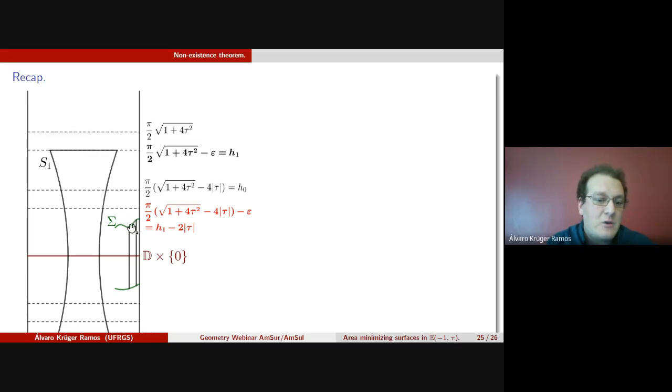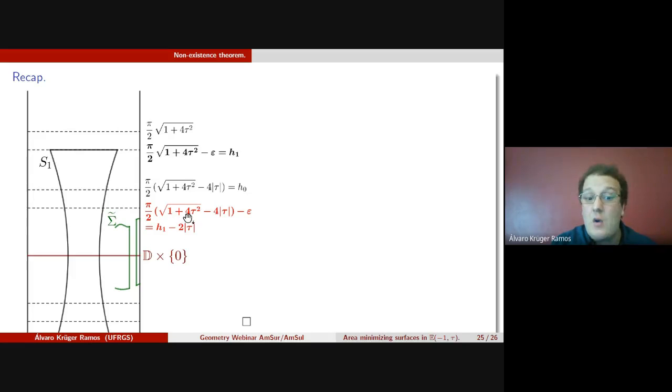And the thing is, you can exchange a portion of this surface here for a portion of sigma, both compact and with the same boundary, to obtain a non-smooth area minimizing surface in E-1 tau. And that's the punchline, that's the contradiction, which shows that sigma cannot exist as an area minimizing surface with this part of gamma as asymptotic boundary.